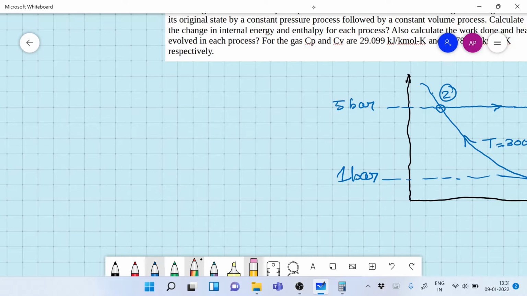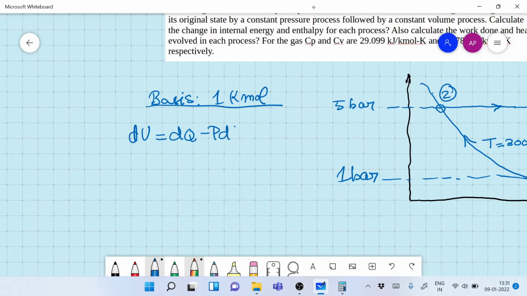The basis is taken as 1 kilomole. Therefore, if we need to calculate the work, we go about this way. For a closed system, the first law is written as change in internal energy is equal to heat given minus P dV.